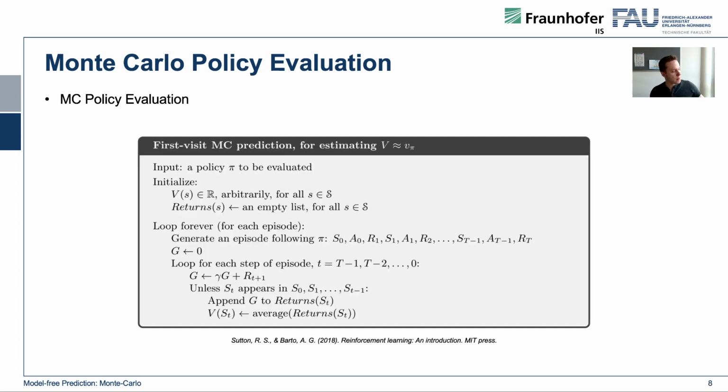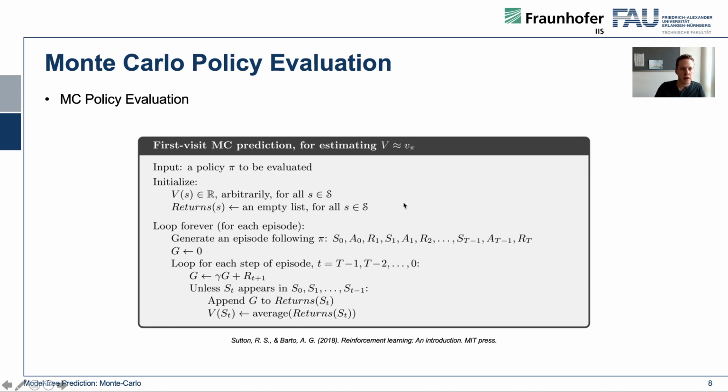Okay, so here is a little pseudocode for first visit Monte Carlo prediction. It's just working like this. You have an initialization, so we initialize the value function arbitrarily. It doesn't really matter how you initialize it, because you always assign new values to your value function.